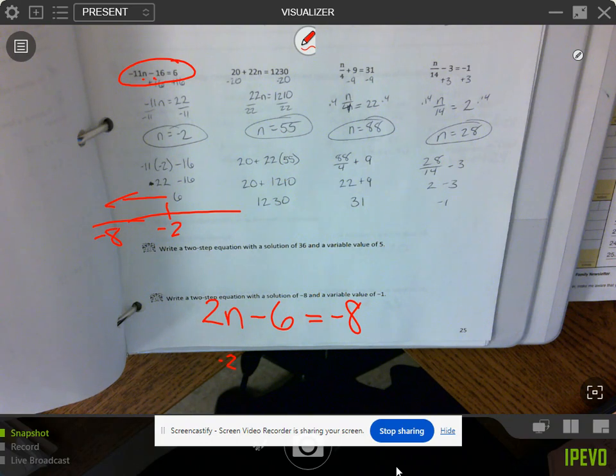You know it's going to equal this. And just like Ruby said with her multiples of 5, I want to get close to. So I did 2. I could have done 3 or 4, 5, 6, whatever to multiply, and then subtracting to get to -8. Does that make sense? All right.